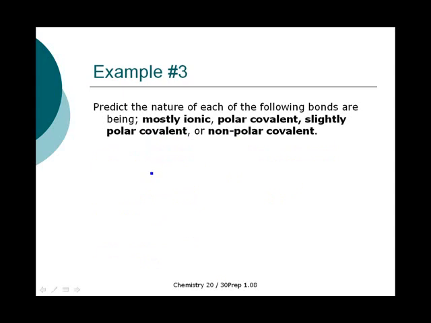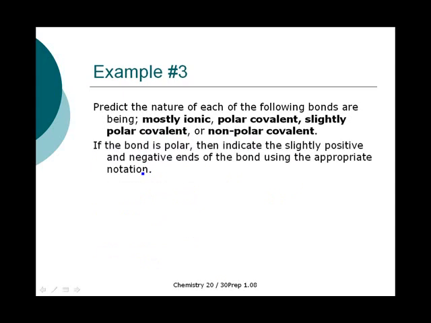We can also classify bonds as being polar and nonpolar, and we can indicate for polar bonds what their polarity is. So for chlorine and phosphorus, it's equal to chlorine is 3.2, phosphorus is 2.2, and we get 1.0.